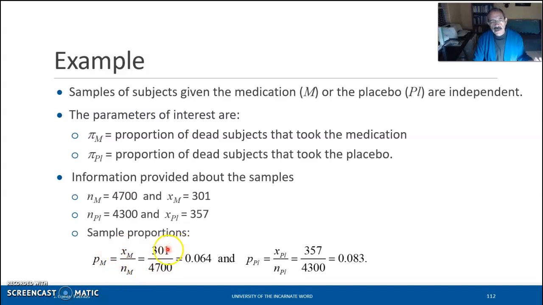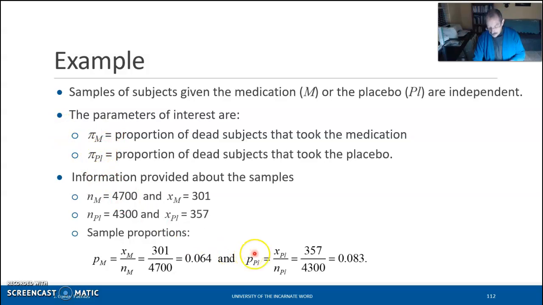There were 301 deaths out of 4,700. So that proportion is 0.064. The death rate of those that took the placebo, there were 357 that died from heart disease out of the 4,300. So that proportion is 0.083. So these are the two point estimates of the population death rates.